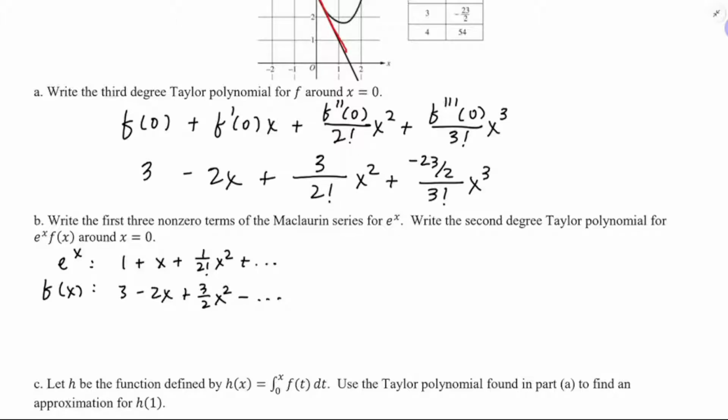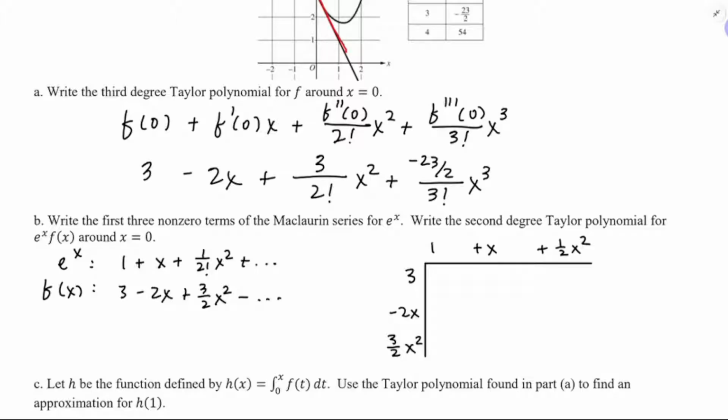We're going to set up for long multiplication with e to the x against f of x, which would be 3, negative 2x and 3 halves x squared.